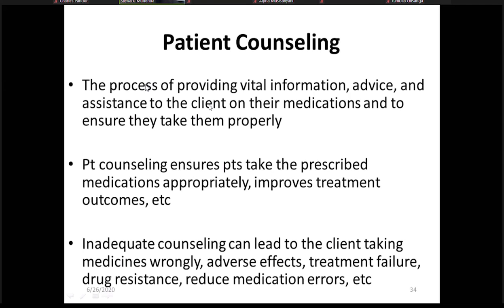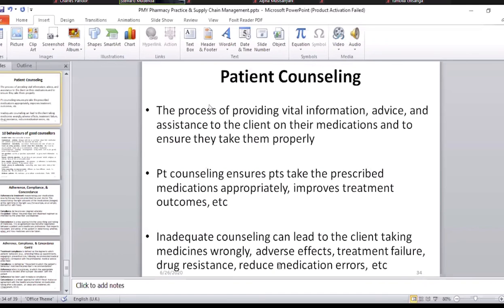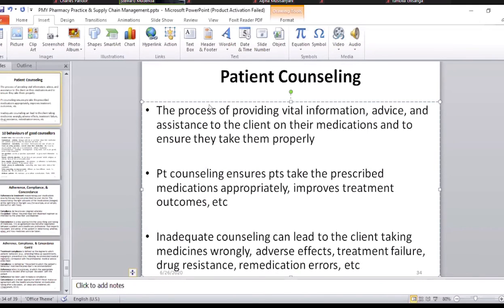We make sure that the patient does not take the drug wrongly, because if they take it wrongly, there could be issues to do with adverse effects, treatment failure, drug resistance, and medication errors. Okay, so we have to make sure that we offer adequate patient counseling. So this one is supposed to be medication error.